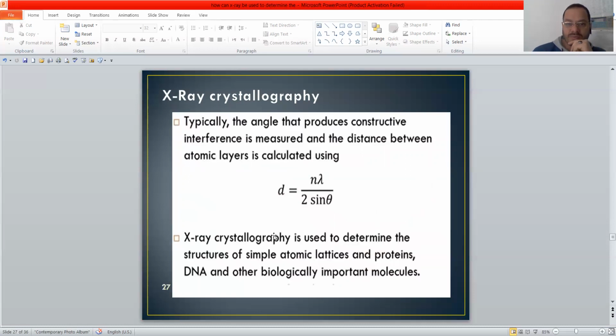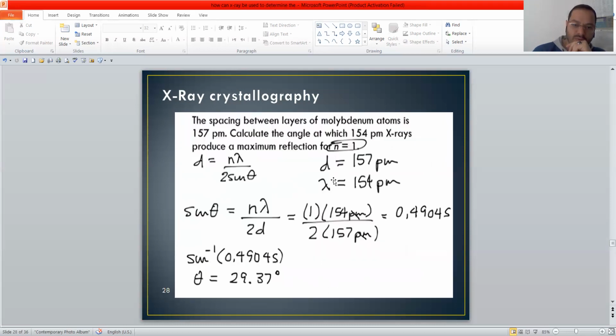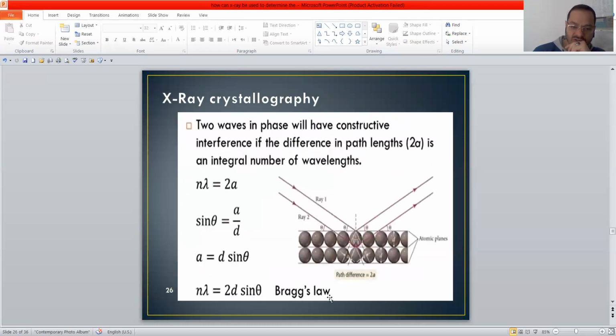Typically, the angle that produces constructive interference is measured, and the distance between atomic layers is calculated using d. d, like I said, the distance between two following atoms, is calculated using this form. From where does this form come? From Bragg's law. d equals n lambda divided by 2 sine theta.